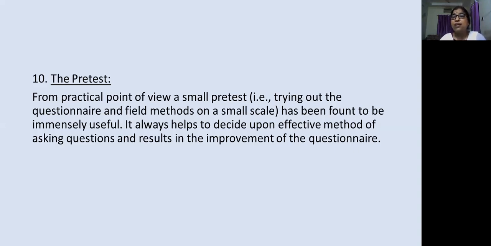So instead of taking 100,000 people and doing the survey at a time, we have to take a small set of people and do the pretest of the questionnaire. If all the questions are proper, then only you should go for the survey.